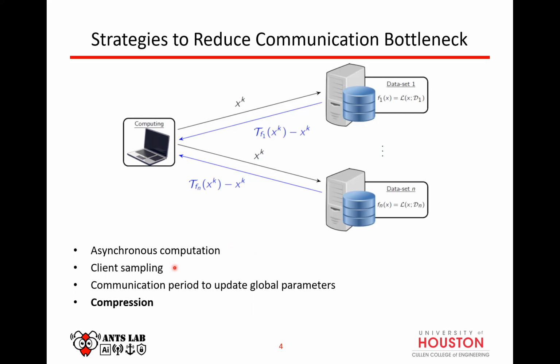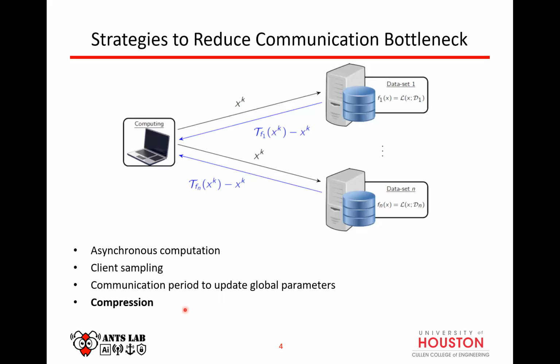Rather, only a subset of the available clients are chosen per round. Or you could set a communication period, which is very close to asynchronous communication, where you set a time at which you update the global parameters, irrespective of how many of the local updates have arrived.